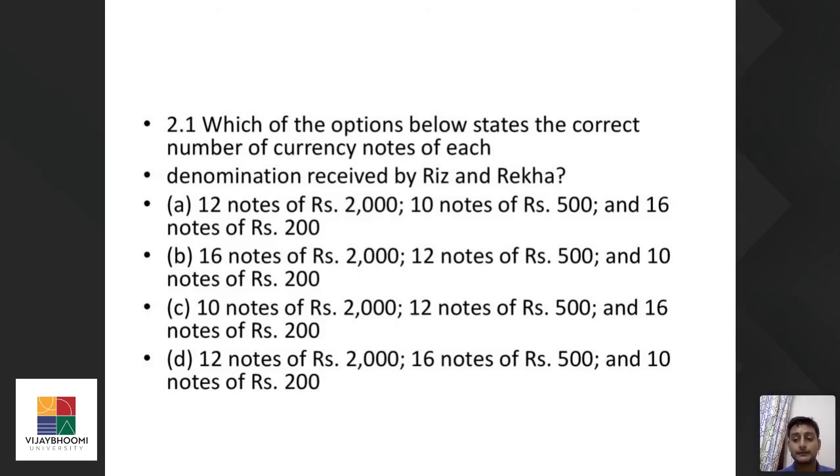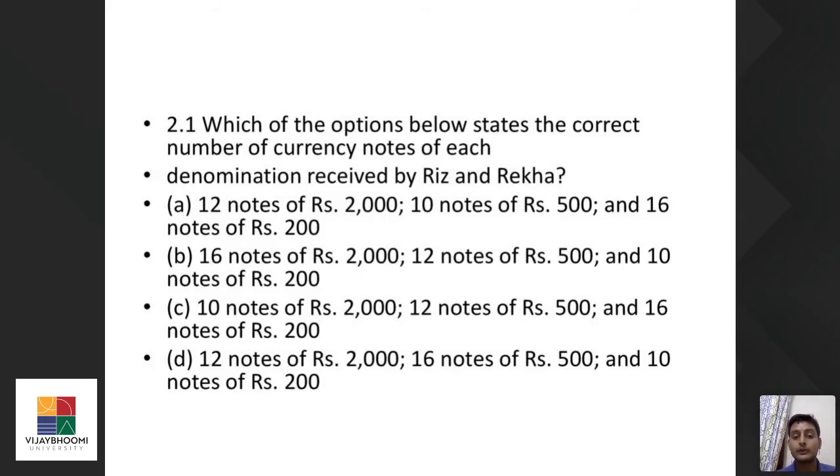So 16 notes of rupees 2,000. If you go by order, one might calculate the first option first. That will give you 24,000 plus 5,000 plus 3,200, a total of 32,200.